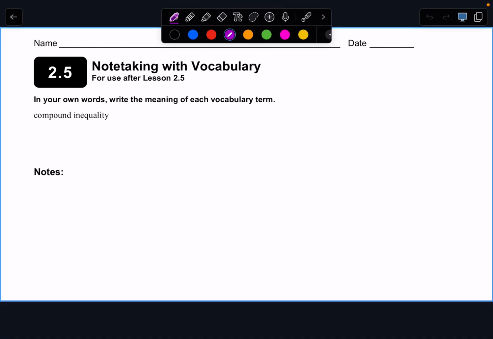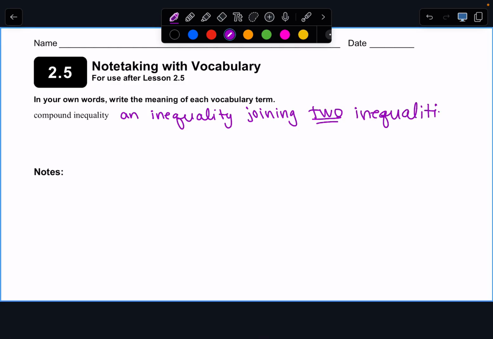Over the next 2 days, we are going to be working with compound inequalities. This means that we have an inequality joining two inequalities with the word and or the word or.